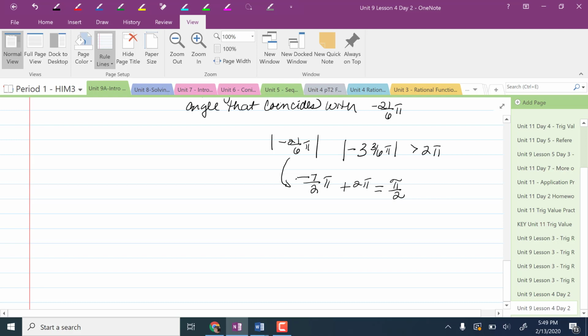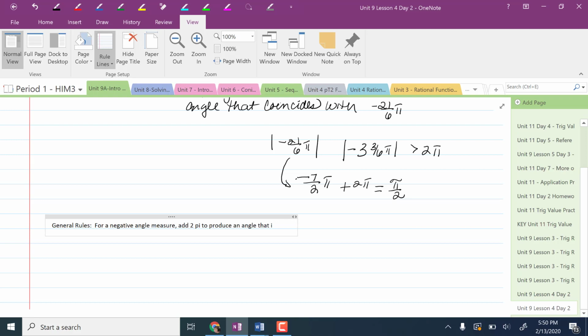So we can make some general rules here. For a negative angle measure, we add 2 pi to produce an angle that is between 0 and 2 pi.